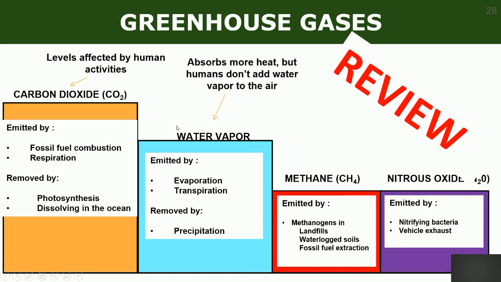Okay, and then after that we have water vapor, which does absorb more heat, but since we don't add water vapor to the air, we don't really care about it. But you also need to know that methane and nitrous oxide are greenhouse gases, so all four, in order of importance: carbon dioxide, water vapor, methane, and nitrous oxide.